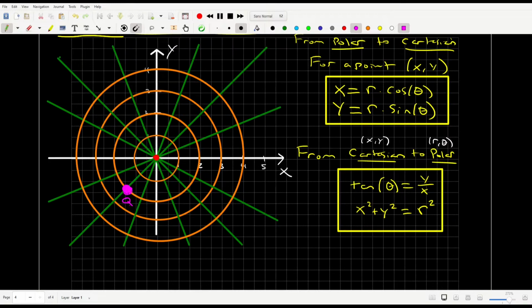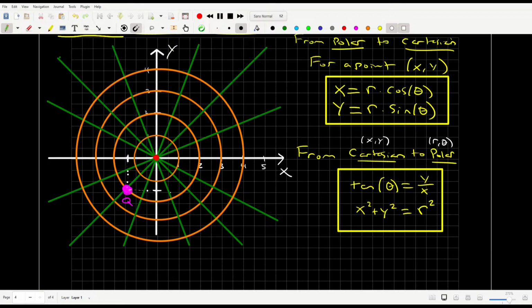I'll pick a point Q here, where the x coordinate of the point will be right here. So it's this x value, and the y coordinate of the point will be right here.